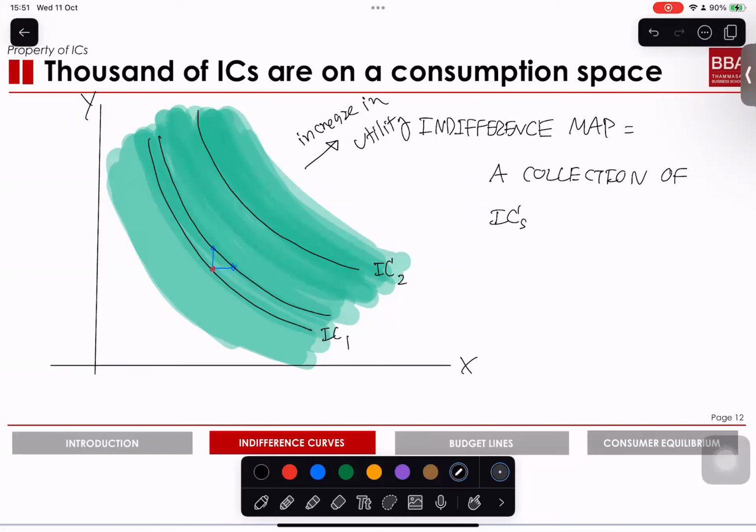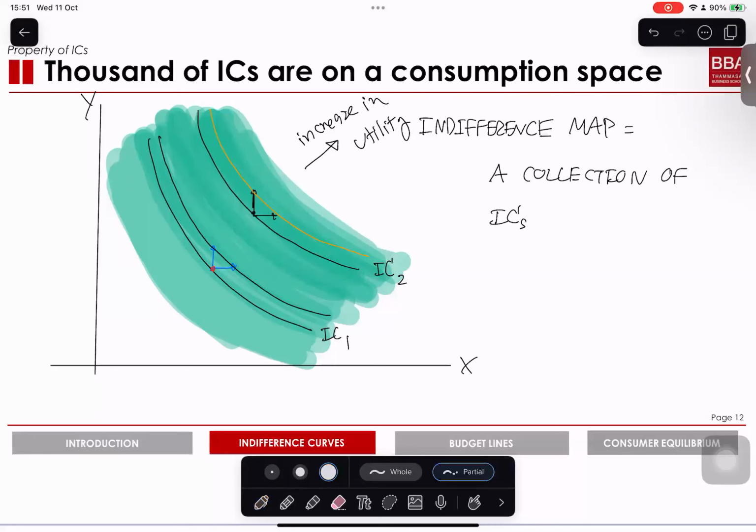It's like a vector. Anywhere you start like this, you will see that you make him happier all the time. When he has a little bit more of this, a little bit more of that, or a little bit more of both, it always helps to increase the satisfaction level, jumping to the higher indifferent curve, higher satisfaction level.